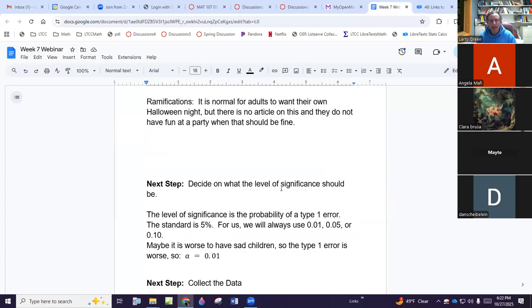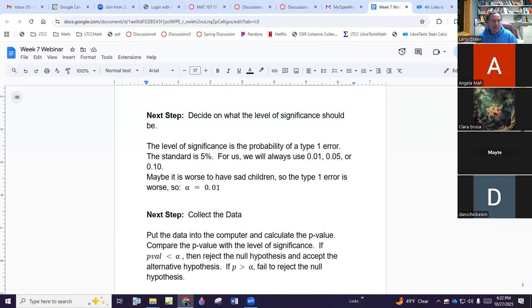But in the real world, that is a lot of work to survey 1,000 people. And 1,000 people is usually what you want to survey for a yes/no question because that tends to have a margin of error of about 3%, which is what most people want. Okay, so you're going to collect the data. Then you're going to put the data into a computer and you're going to calculate the p-value. Okay, that's the next step.